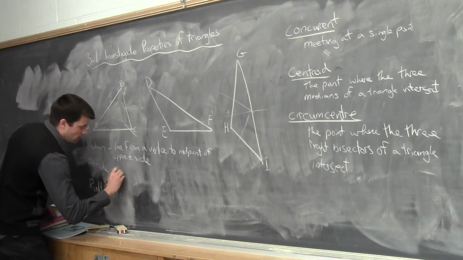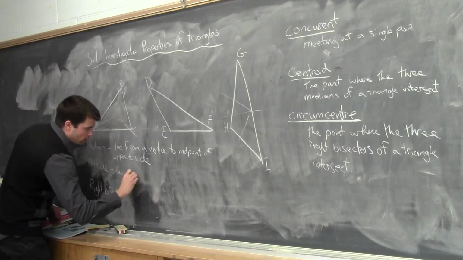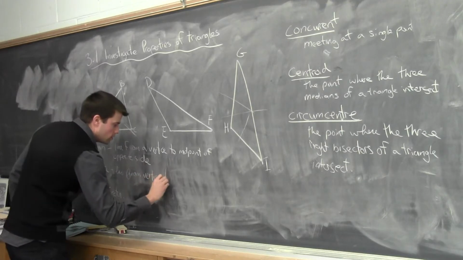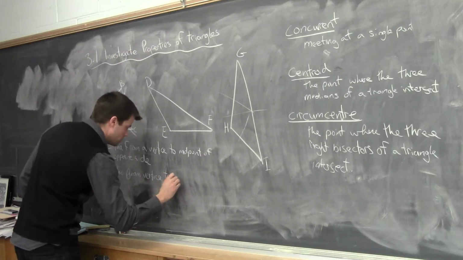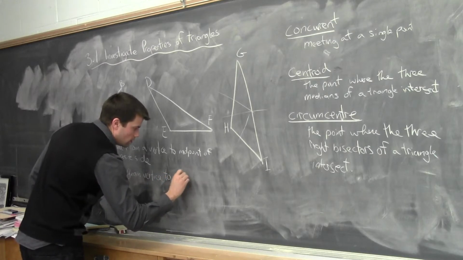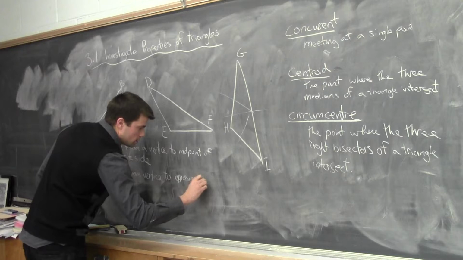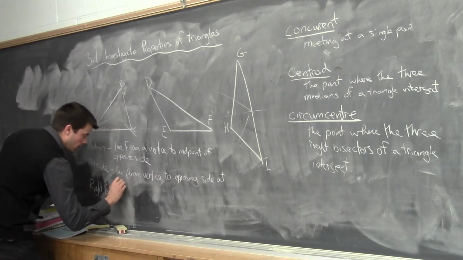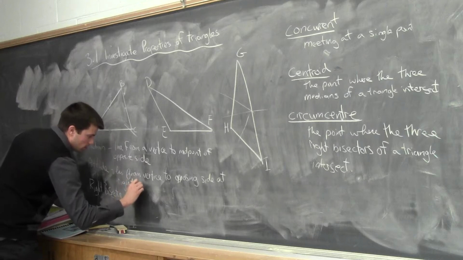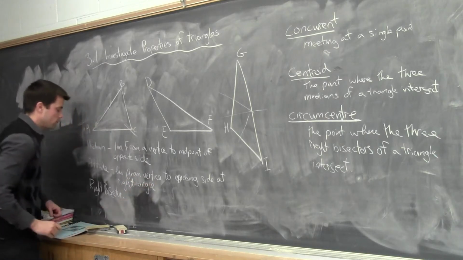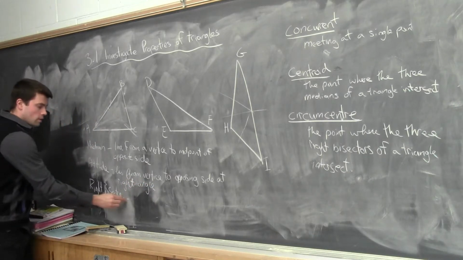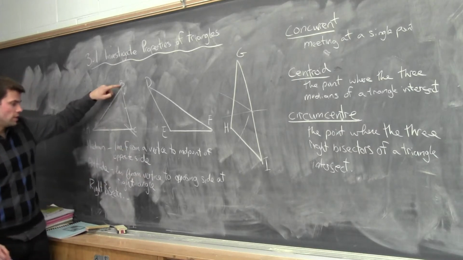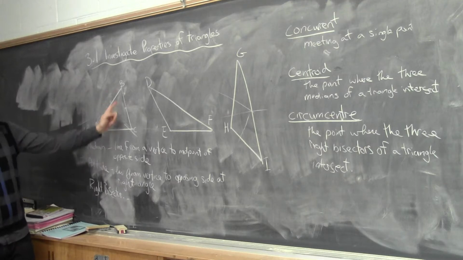So a line from a vertex to the opposing side at a right angle. Okay? So a line from vertex to opposing side at a right angle.